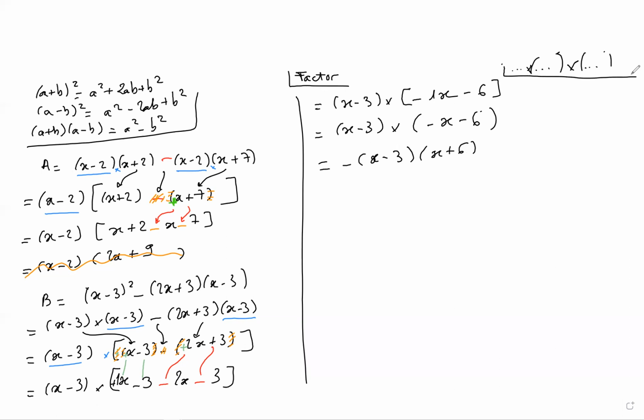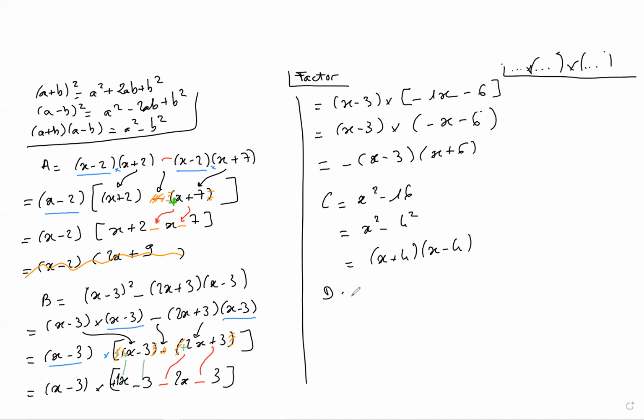Of course, if you have to factor something that looks like x squared minus 16, you're supposed to recognize one of these formulas. If you don't see the formula, it's always the third one. It's always the third one no one sees, because this is x squared minus 4 squared, which means it's a squared minus b squared, and it's going to be a plus b times a minus b.